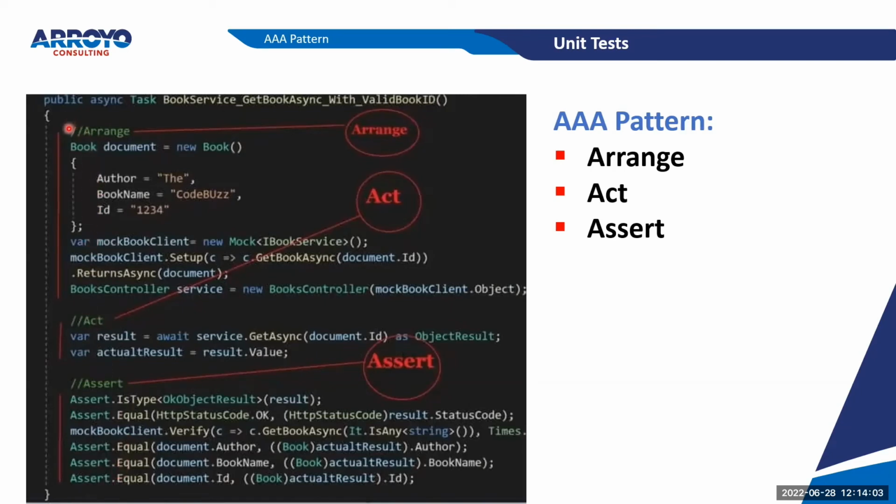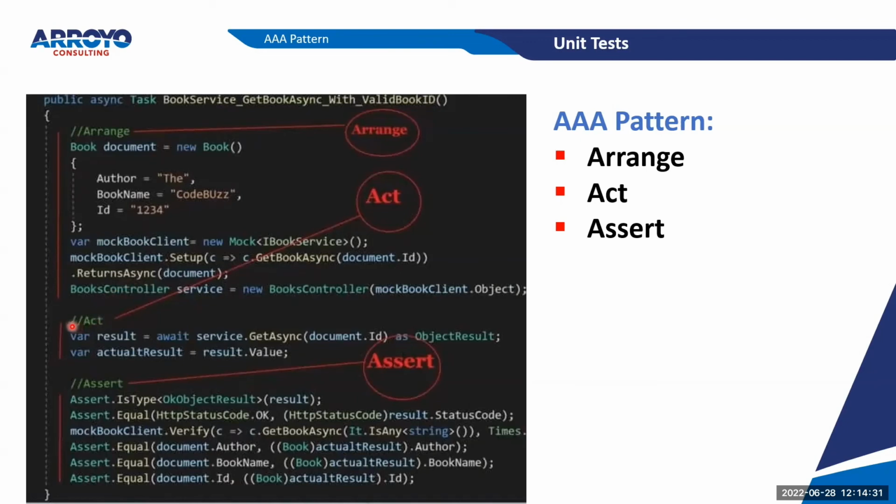That means you put this comment, arrange. Here you are including all the variables that you may need inside the code, or preparing a prototype or mocking those values. In this case, you can use a mock library that we will watch later in the next session.